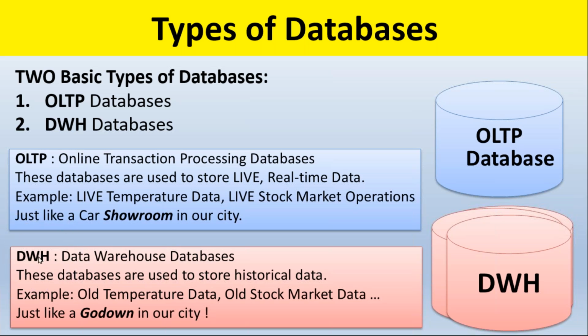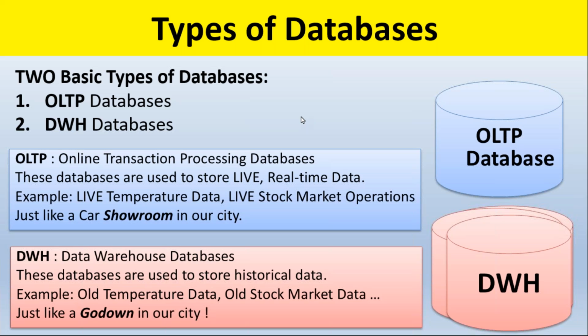Data warehouse databases, to store any historical data like old temperature data, old stock market operations, anything old, data warehouse. OLTP, other one, data warehouse. This data warehouse is our actual course. Now, how to get these 2 in a single plate?